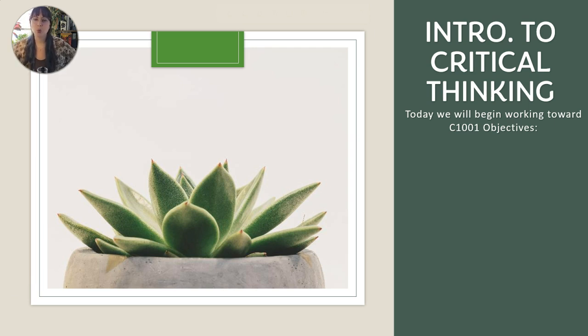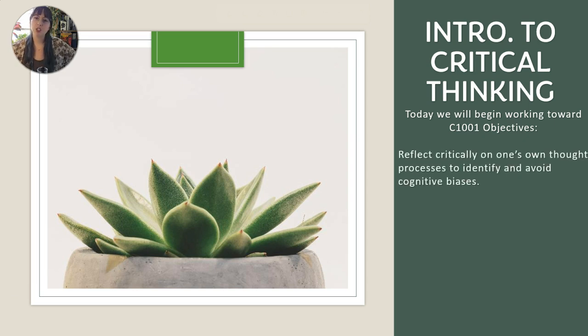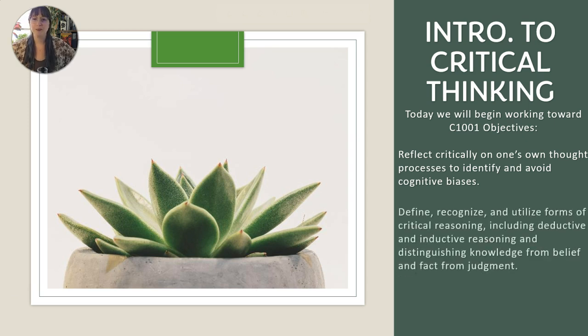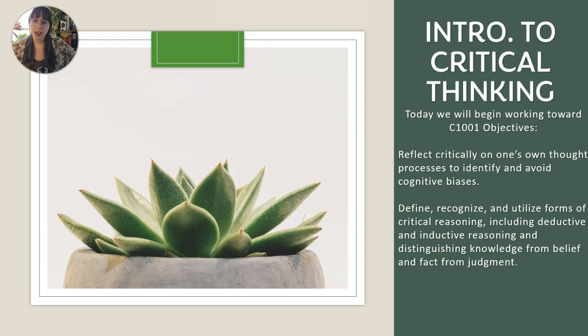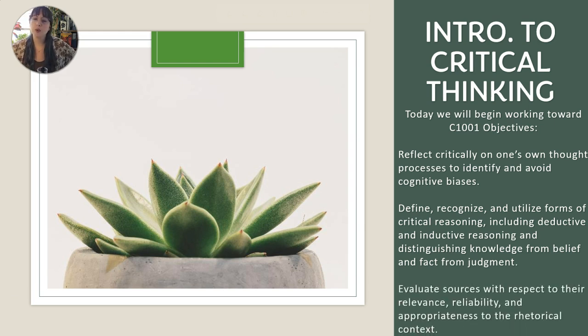We're going to be working towards some of these C1001 objectives, namely to reflect critically on one's own thought processes, to identify and avoid cognitive bias, to define, recognize, and utilize forms of critical reasoning, including deductive and inductive reasoning, and distinguishing knowledge from belief and fact from judgment, as well as to evaluate sources with respect to their relevance, reliability, and appropriateness to the rhetorical situation.